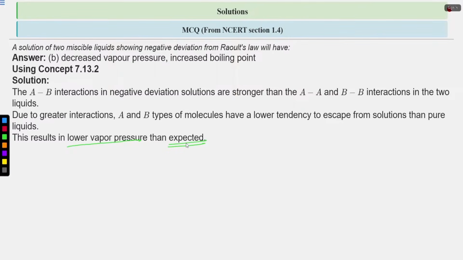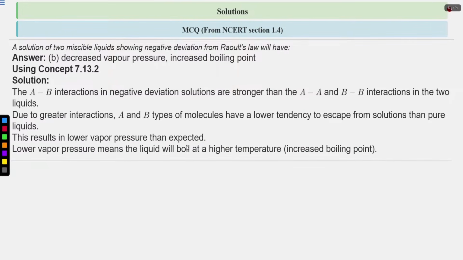If the tendency of the molecules to convert into the vapor phase decreases, the vapor pressure will also decrease. If fewer molecules escape from the liquid's surface into the vapor phase, the vapor pressure decreases. So this results in a lower vapor pressure than expected from Raoult's law.